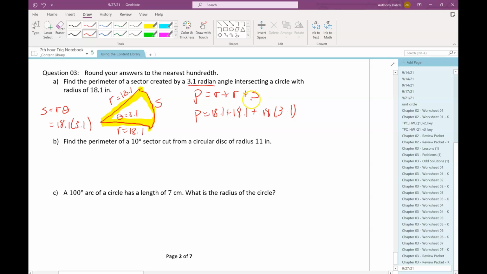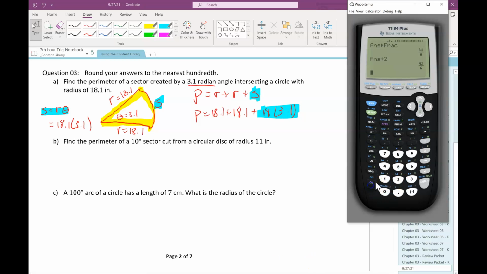What's your reasoning behind Well, I'm looking to find S, right? Because that's that side. And my formula for S is R times theta. That's just the arc length formula. So that's where I'm getting this. So then I just type in the calculator time.